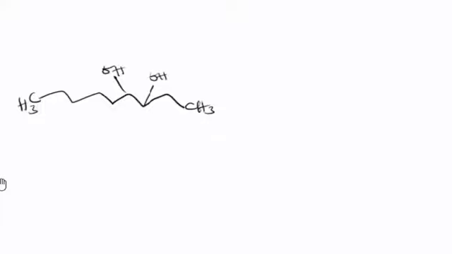Now with this, if I want to name this compound, if I count from here, I'll have a lower number to assign to these hydroxyl groups. So I'll simply count from this side so that I'll have 1, 2, 3, 4, 5, 6, 7, 8, and 9.